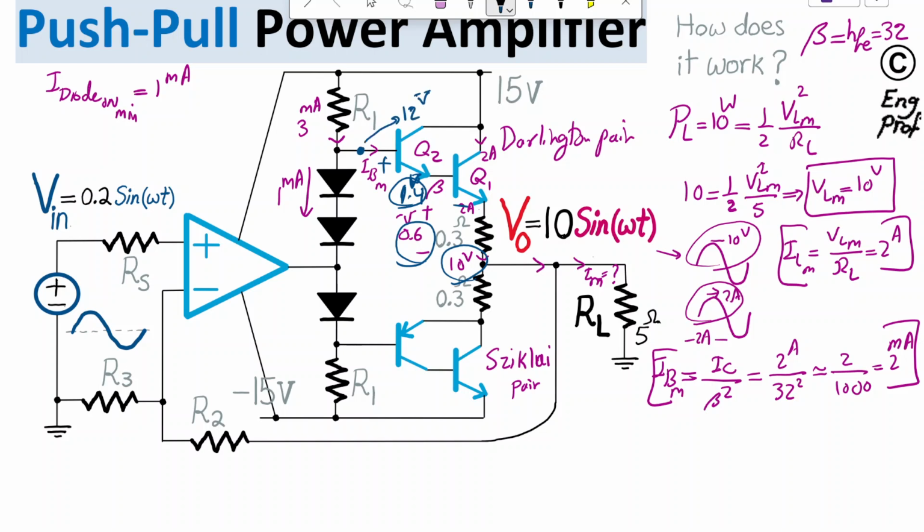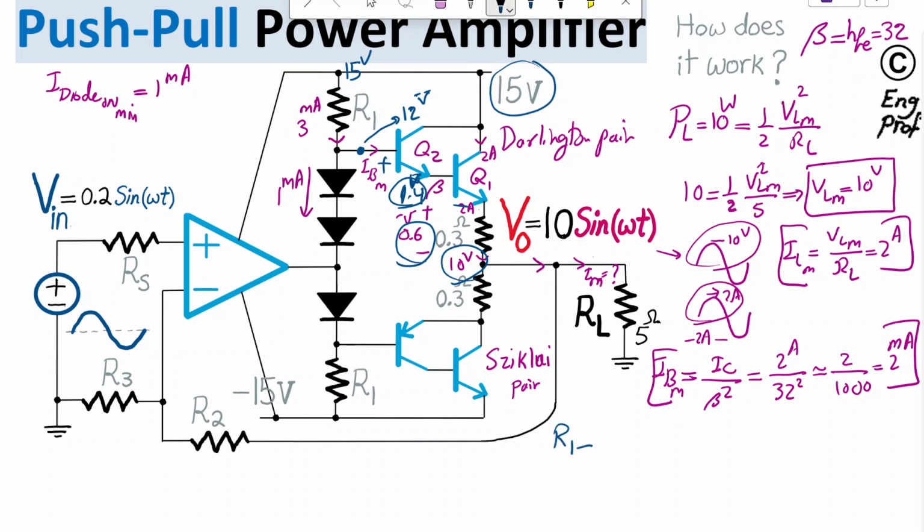At the same time, the supply voltage is 15 volt up here. So across this resistor R1, whose value we are supposed to find, we have 15 volt on top and 12 volt on the other side, and there is the 3 milliamp flowing through R1.